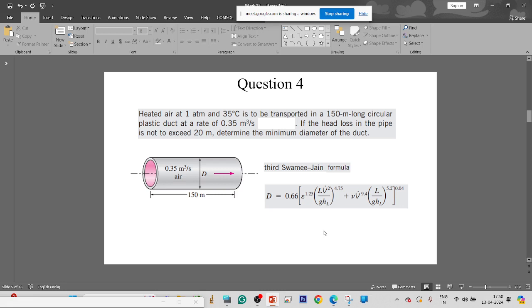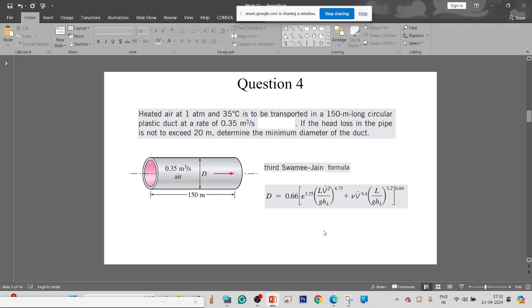If we use the simultaneous solution of these 4 equations, we get d as 0.267 meter, f as 0.0180, average velocity 6.24 meter per second, and Reynolds number as 100,800.